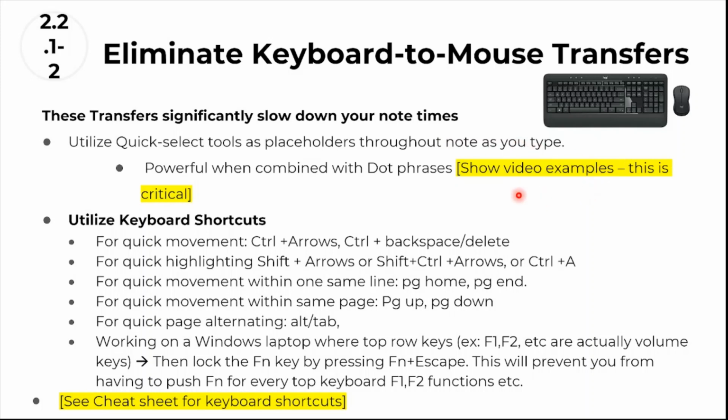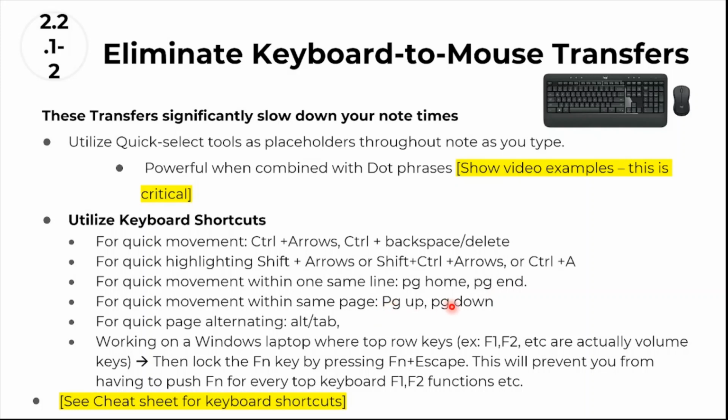So we just took a look at how we can quickly move within a note using our quick select tools and additionally using our control arrows, control backspace, delete keys. We can use control shift and our arrow keys to quickly highlight, and we can quickly move within the same line using home and end, and within a paragraph using page up and page down.